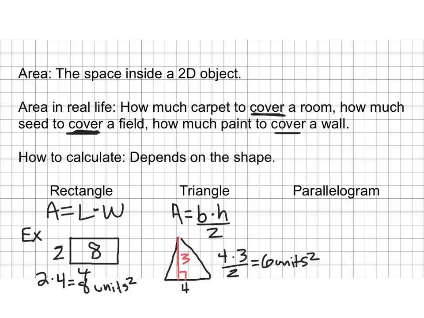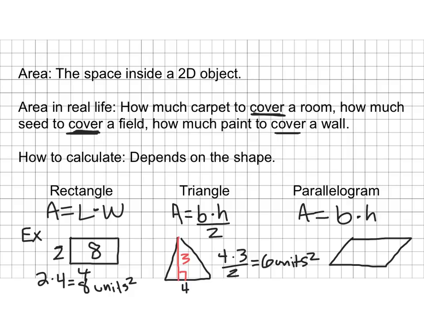And for a parallelogram, a very similar formula to the rectangle. We say that the area is base times height, because the height isn't one of the exterior sides, it's interior. So let's do an example of that one as well.